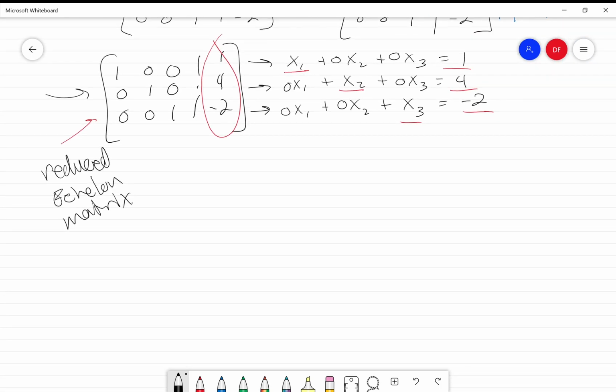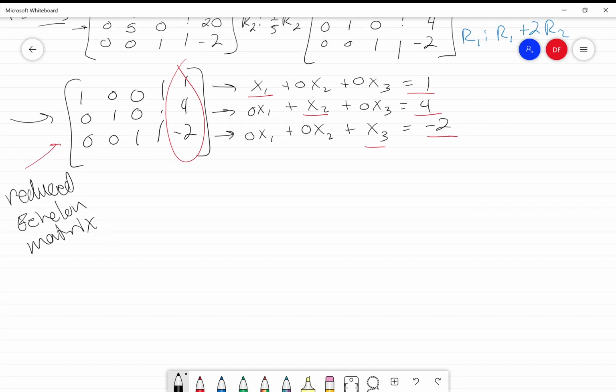Something else I want to add is if we start with a system and we make a reduced echelon form matrix. Actually, let me say this. Let's define something else now too.